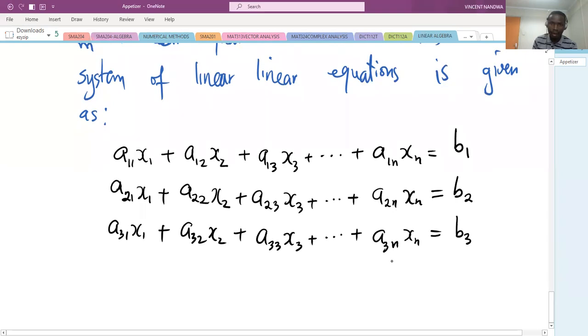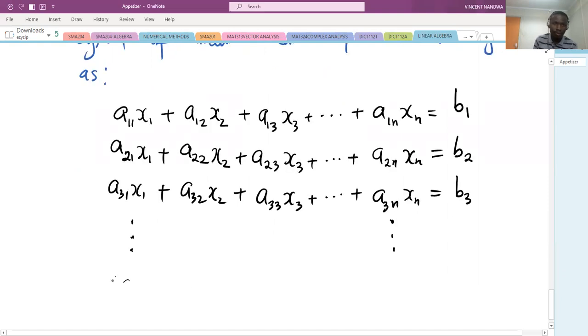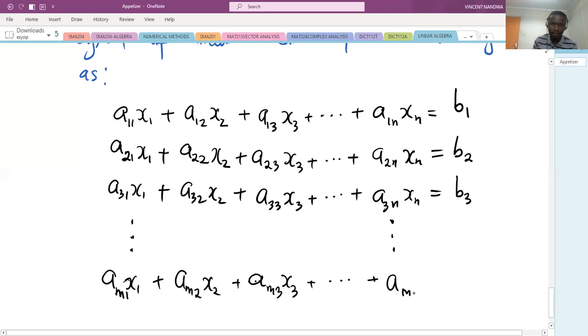And then you continue in this manner up to the m linear equations, which is of the form am1 x1 plus am2 x2 plus am3 x3 up to plus amn xn equals to bm.